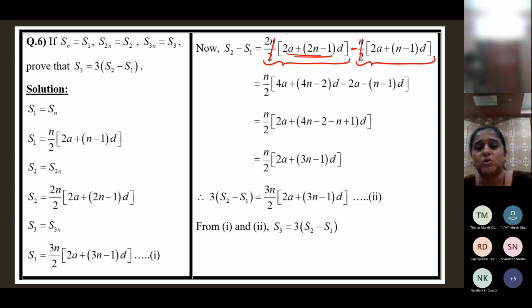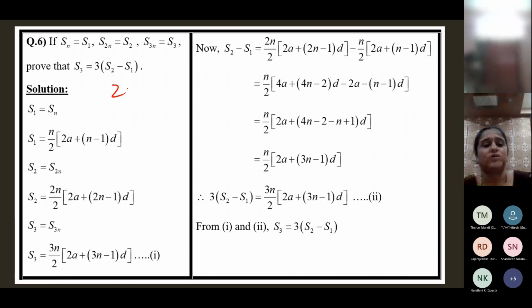Now you need to multiply 2 with every term inside the bracket. Inside the bracket, there are only two terms. 2a is one term. 2n minus 1 into d is another term.